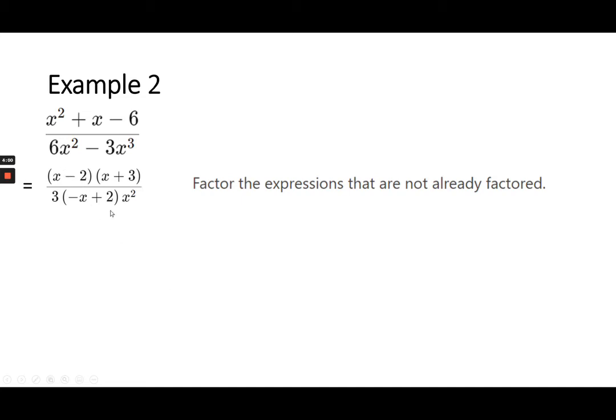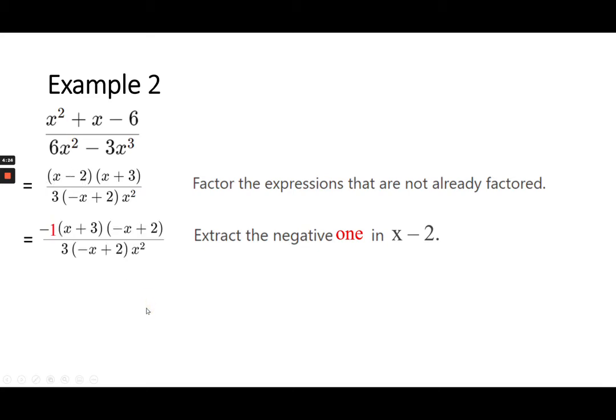As you can see, we cannot cancel x minus 2. Again, we are going to do factoring out a negative 1, or extract the negative 1 in x minus 2. You could actually extract the negative 1 here, but either way works. So if you're going to extract negative 1 on the numerator, this x becomes negative, 2 becomes positive, and we have a negative 1 in front.